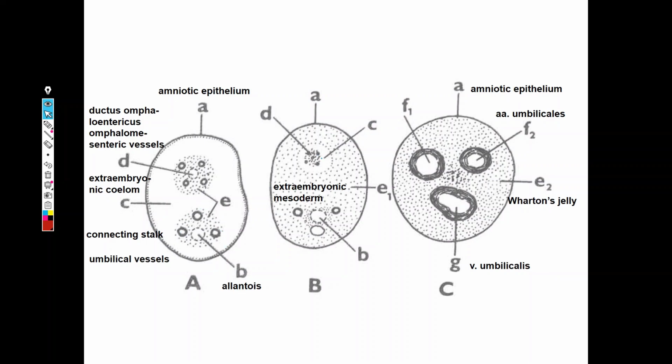You can see that the vitelline vessels and also the omphaloenteric duct will disappear eventually, and what stays here in the extraembryonic mesoderm is the allantois and the vein and two arteries, and they're getting bigger and bigger.